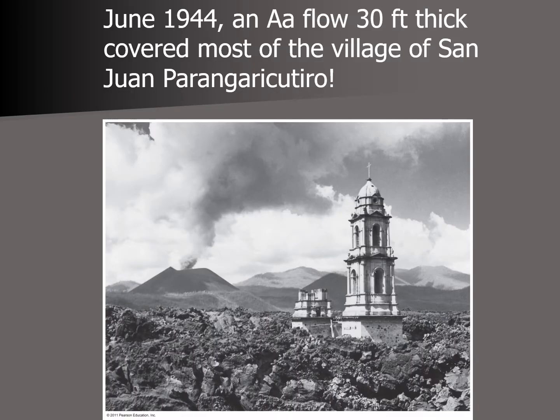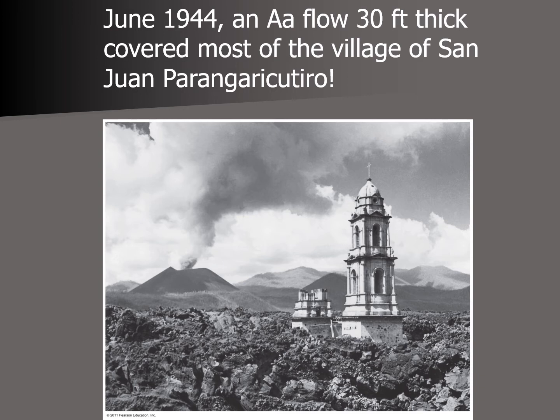So here's an image from June of 1944. And you see Paracutin there in the background, just continuing to erupt. That particular type of basalt, we would refer to as like you might find on the Big Island of Hawaii. And here it's 30 feet thick, and you see that that appears to be a church.